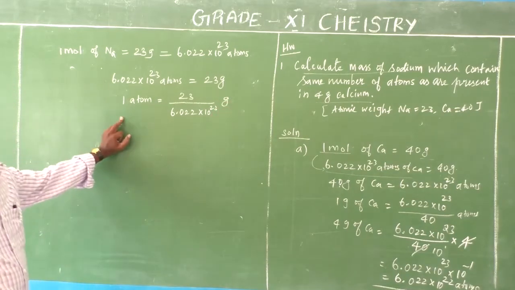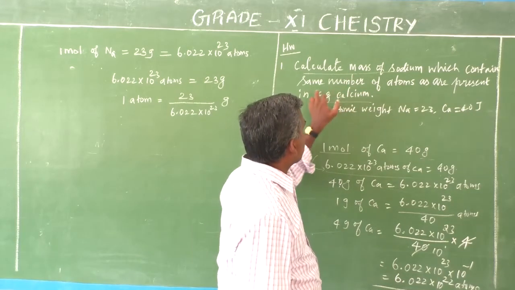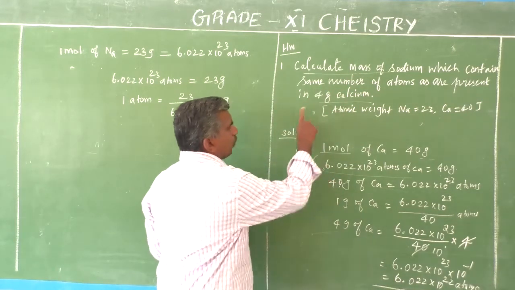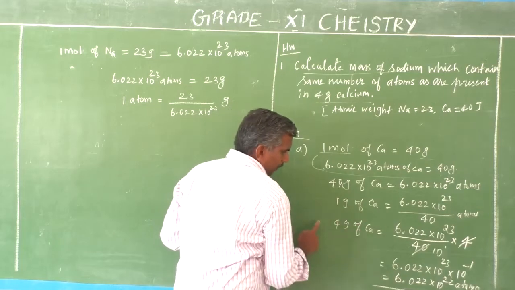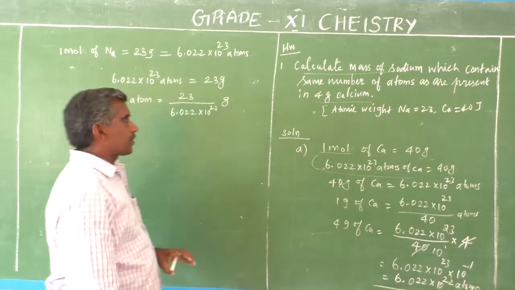Now the question: calculate the mass of sodium which contains the same number of atoms as are present in 4 gram of calcium. This 4 gram of calcium contains 6.02 × 10^22 atoms.